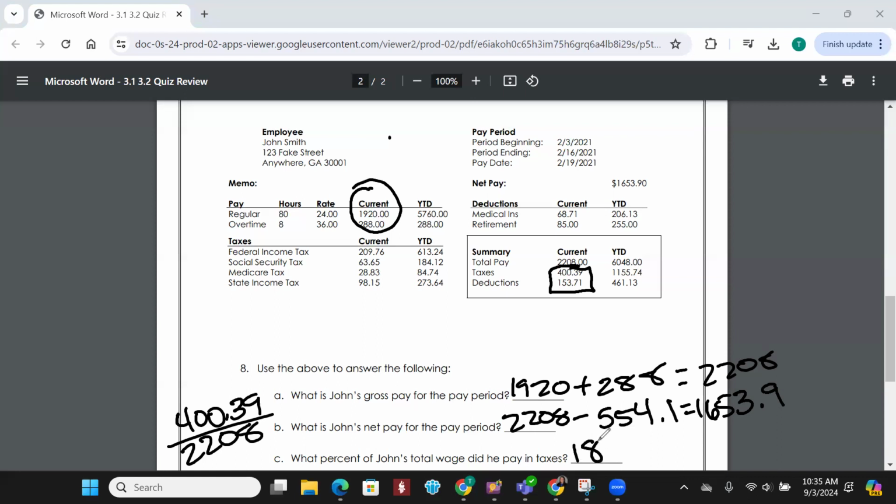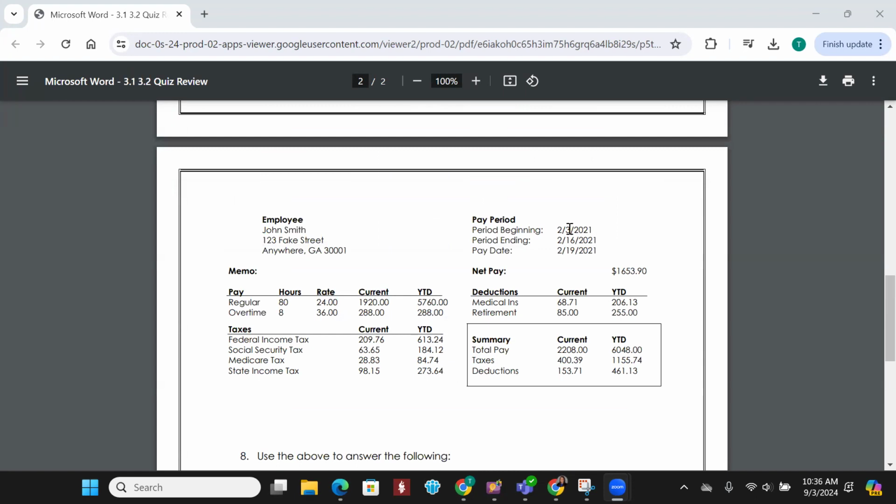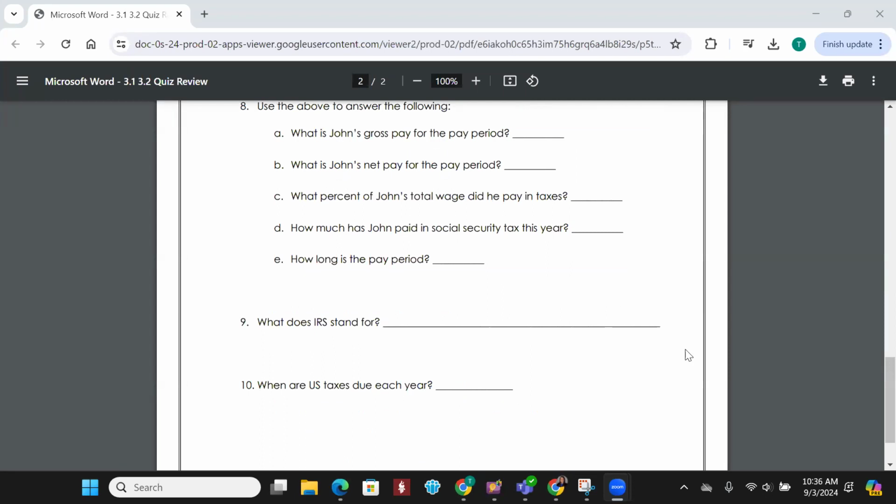That's going to give us about 18%. How long is the pay period? We went from 2/3 to 2/16. How many days is that? 13 days, which is roughly 2 weeks.